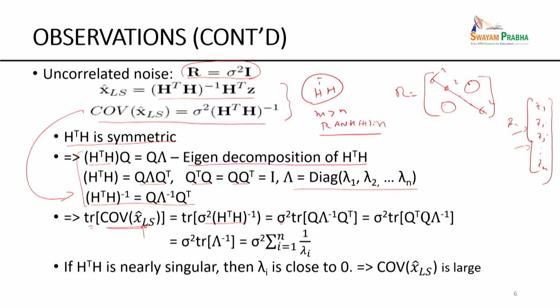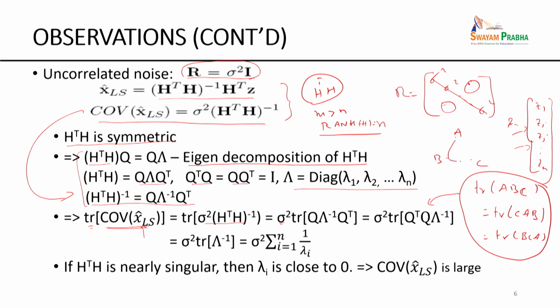Trace of Q lambda inverse Q transpose. And please remember, trace of ABC is equal to trace of CAB, which is equal to trace of BCA. Using this formula, I can rewrite this by rotation. This is a right circular rotation.